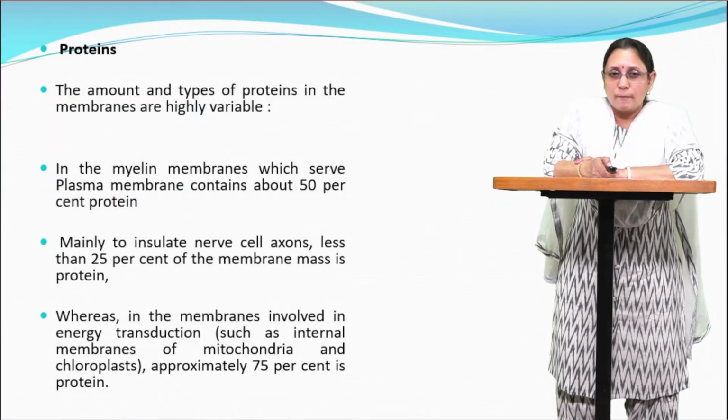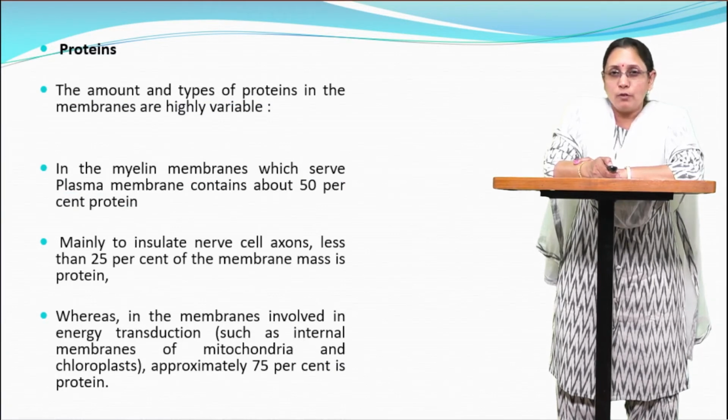The next is proteins. The amount and type of protein in the plasma membrane are variable.